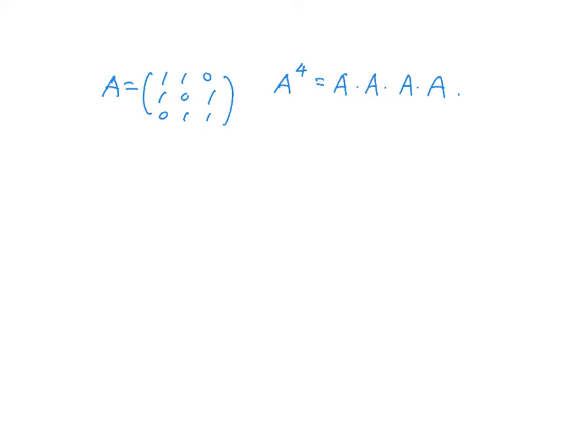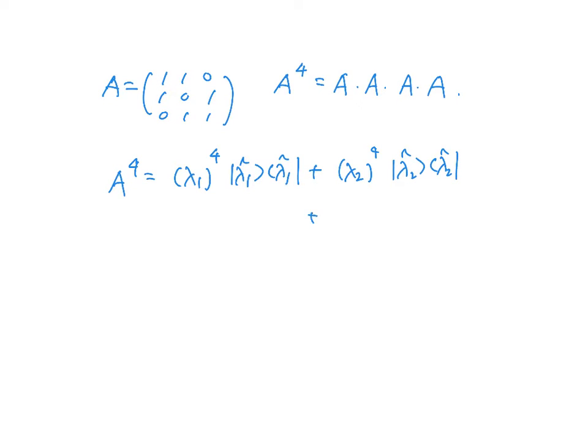It's only 3 by 3, so it's not a big deal. But now you know the spectral theorem. A to the 4 is lambda 1 to the 4th, lambda 2 to the 4th, plus lambda 3 to the 4th. We can do it this way.